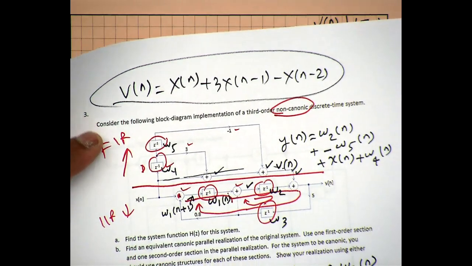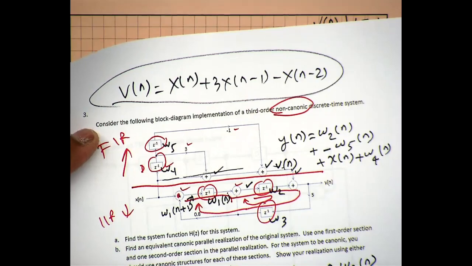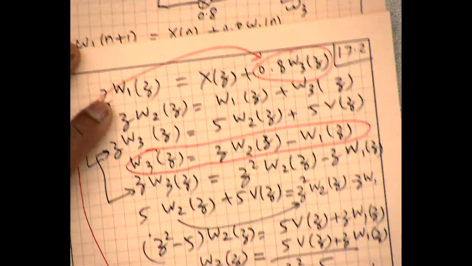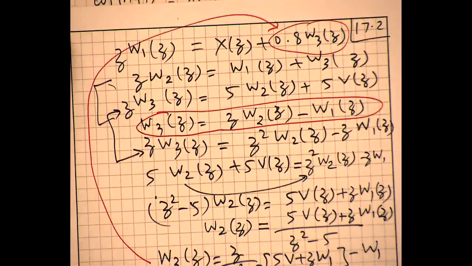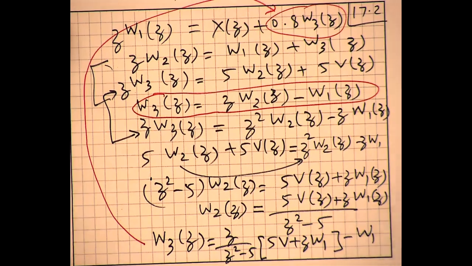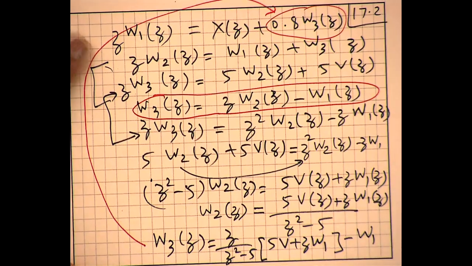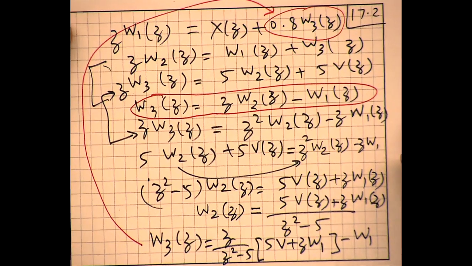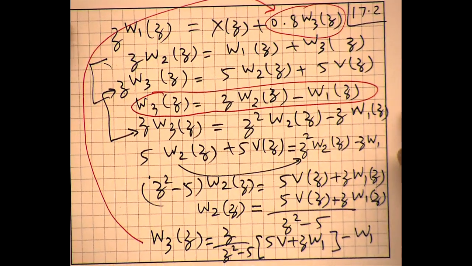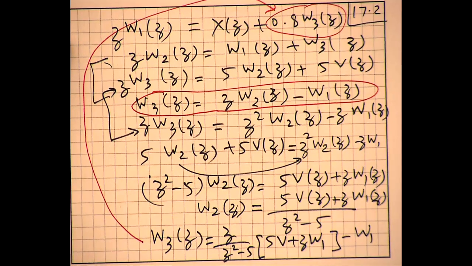Is that clearer now? I didn't work it out, that's what you should do in your homework, but at least I showed you some of the steps that you need to take to eliminate. So we are still going through the process of describing by state variables. It's the same thought process. Think about each delay element as a state and express the state update equations.